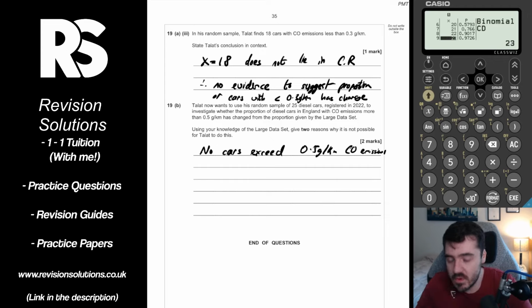And then another one is, we know some CO emissions for some diesel cars are missing.